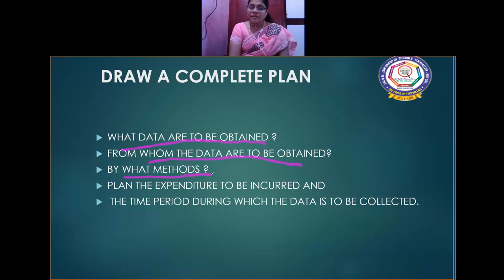The statistician also has to plan the expenditure, how much he is going to spend in collection of data, and how much time he is going to spend, what is the time required by him to collect the data. So all these subsequent steps he has to take before he involves himself in collection of data.